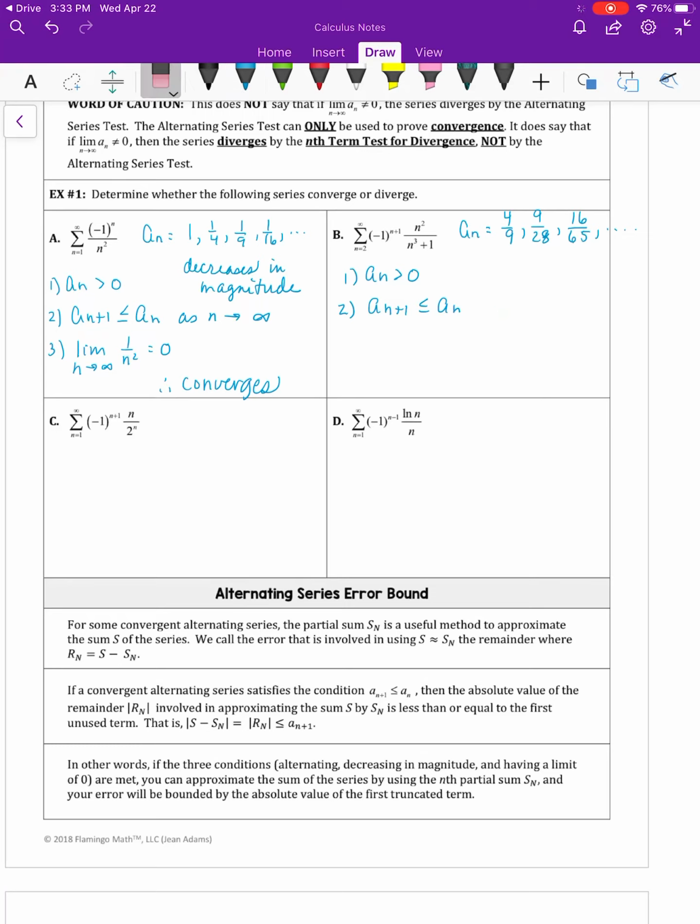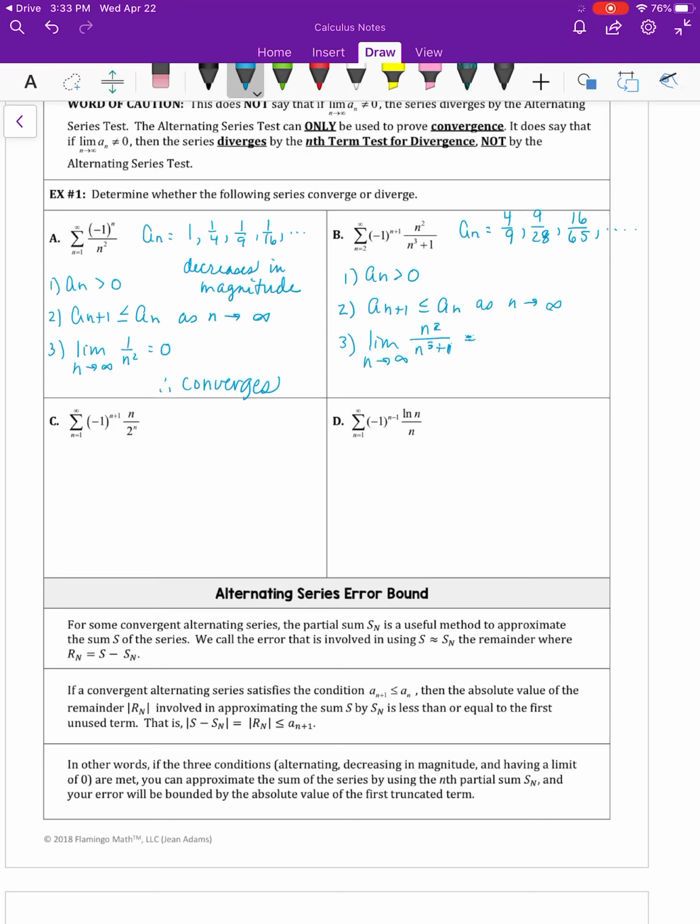The second term is always less than or equal to the one before it. Okay, so 9/28 is actually less than 4/9. 16/65 is less than 9/28. Okay, or I was going to say for all n, but I'm supposed to say as n goes to infinity.